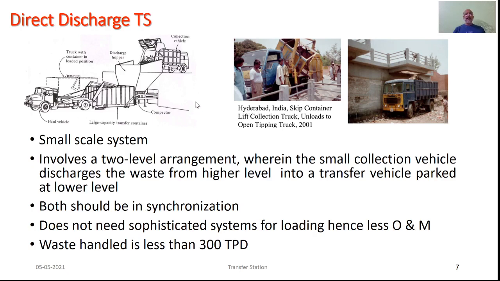This kind of facility is suitable for waste less than 300 tons per day. So this facility can be termed as a medium waste handling facility. Some actual establishments at Hyderabad, India are shown pictorially in this particular figure.